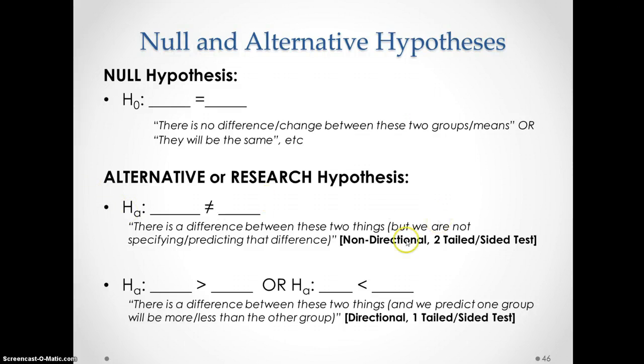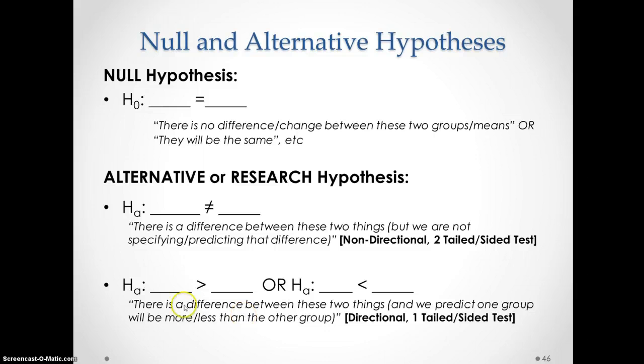Anyway, the non-directional alternative hypothesis is simply saying there is a difference between these two things, but we're not exactly sure which direction that difference is going to be. We don't know if one mean is going to be more or less than the other mean. So we're just saying there's a difference. This again is called non-directional, and it's a two-tailed test.